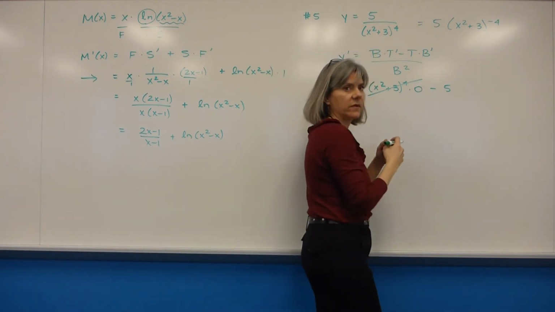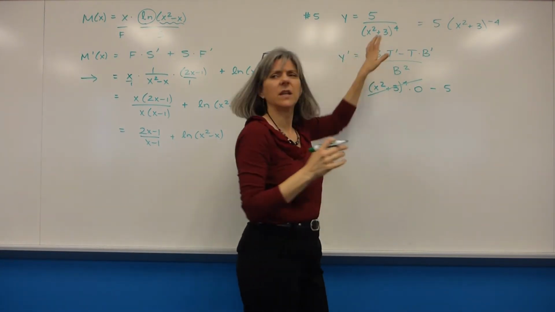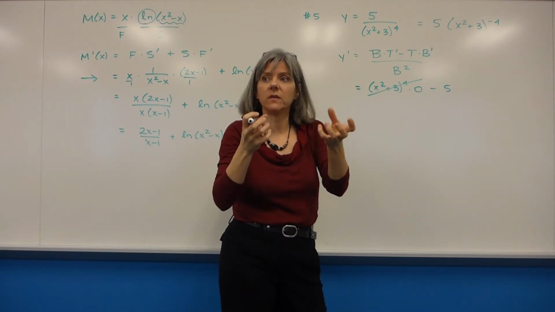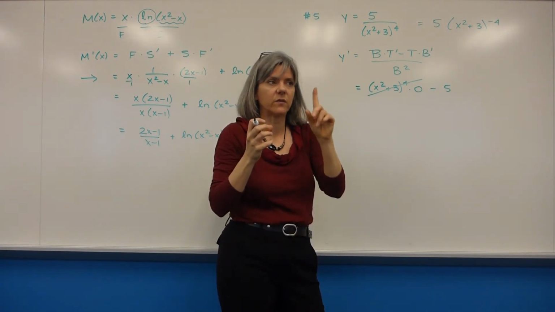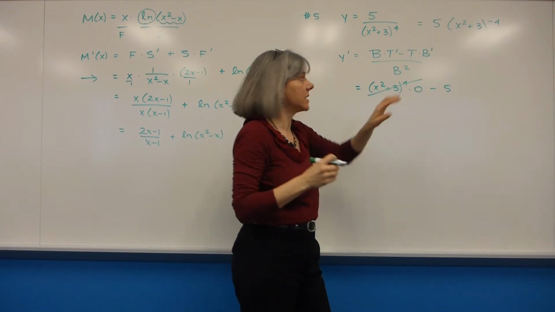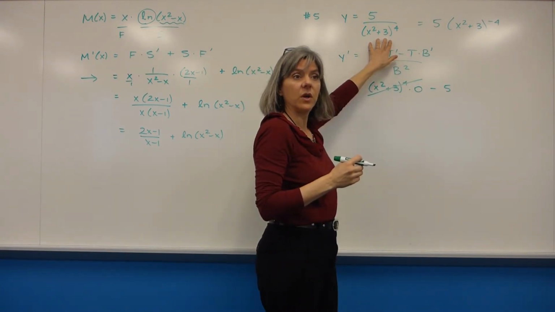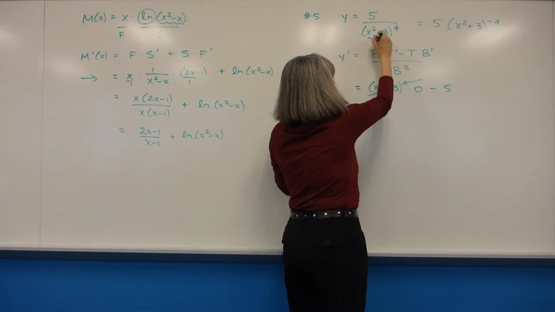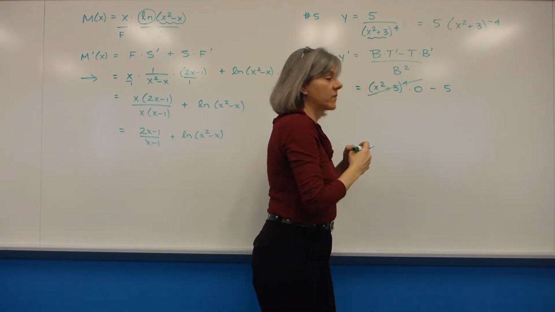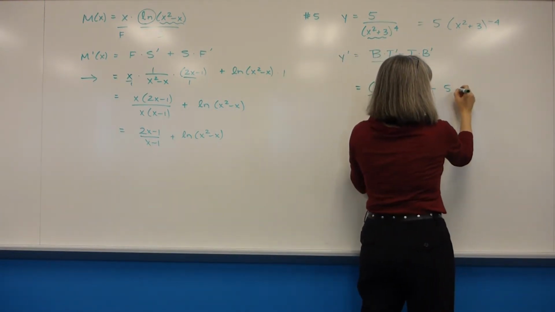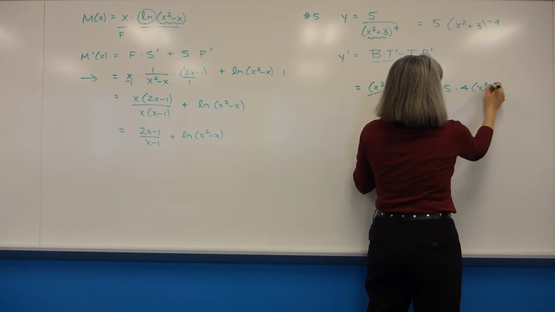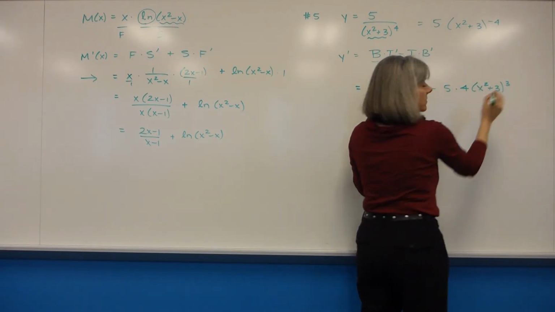So what is the derivative of the bottom? Every time you say the derivative of, the first question in your brain or out of your mouth should be, is it a basic? Is this one a basic? No, that's a chain rule. So here's the inside. So it's a power. So we're going to have times 4 x squared plus 3 cubed.